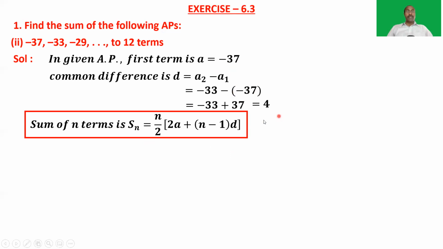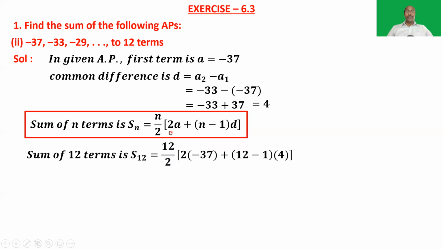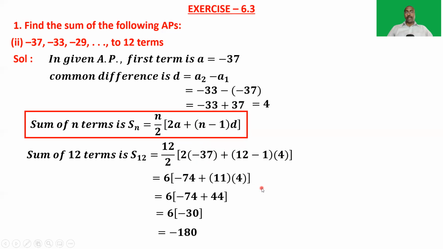Now by substituting all these values in this formula, we get S12 is equal to 12 by 2 into (2 into minus 37 plus (12 minus 1) into 4). So 6 into (minus 74 plus 44), which is equal to 6 into minus 30, that is minus 180. So the sum of 12 terms of the given AP is minus 180.